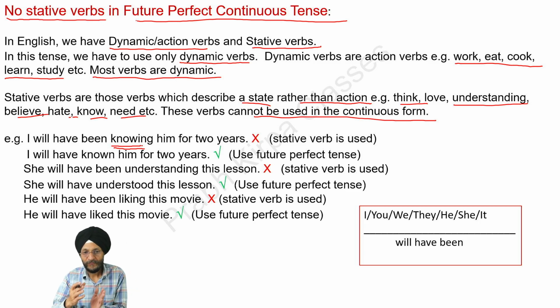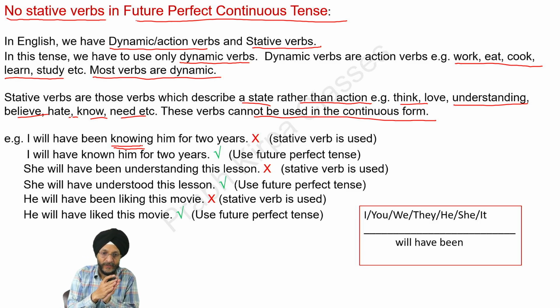If you have seen earlier videos on past or present, you will have observed that stative verbs are not used in continuous form. So the correct sentence will be, I will have known him for 2 years. Here we will use the future perfect tense.